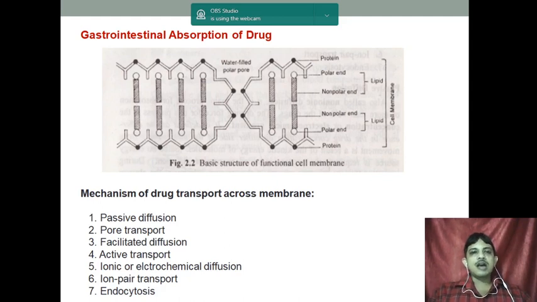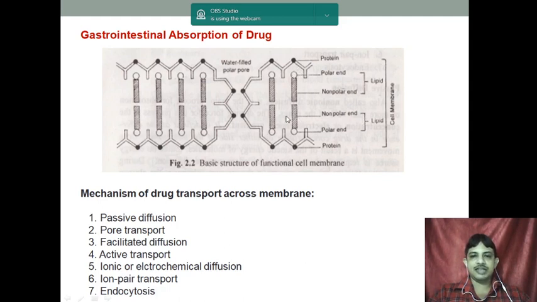Now coming to absorption. Gastrointestinal absorption of the drug. If we look at the basic structure of the cell membrane, it is also called a sandwich-like structure. Why a sandwich-like structure? This is the protein, this is the polar end, and this is the non-polar end.